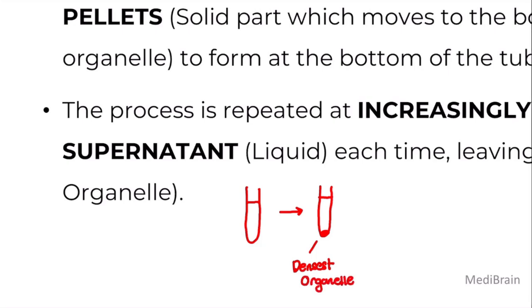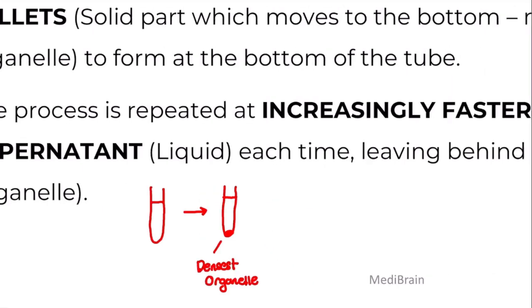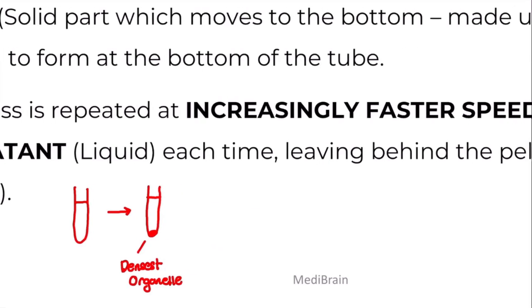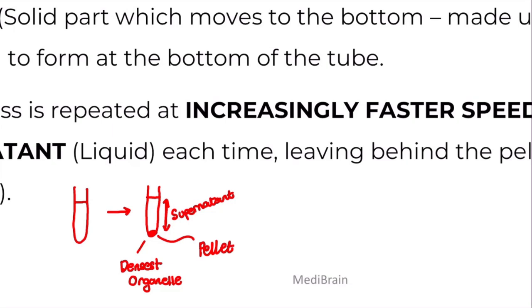So that's your densest organelle at the bottom. The liquid that you have at the top is called the supernatant, and the solid thing that you have at the bottom is called the pellet. You can remove the supernatant out into another test tube.